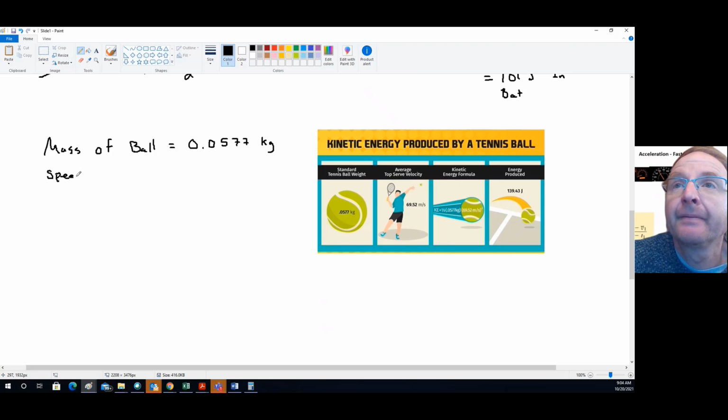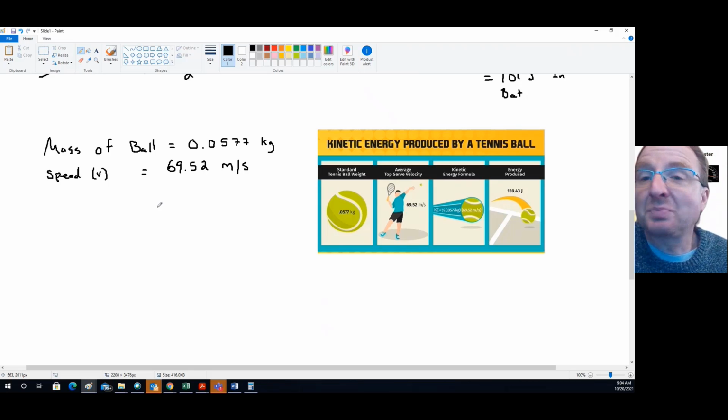Speed, or in other words, v, velocity of the ball, 69.52 meters per second. That sounds really fast. You're definitely going to need to duck when that comes by. This must be for professional tennis players.